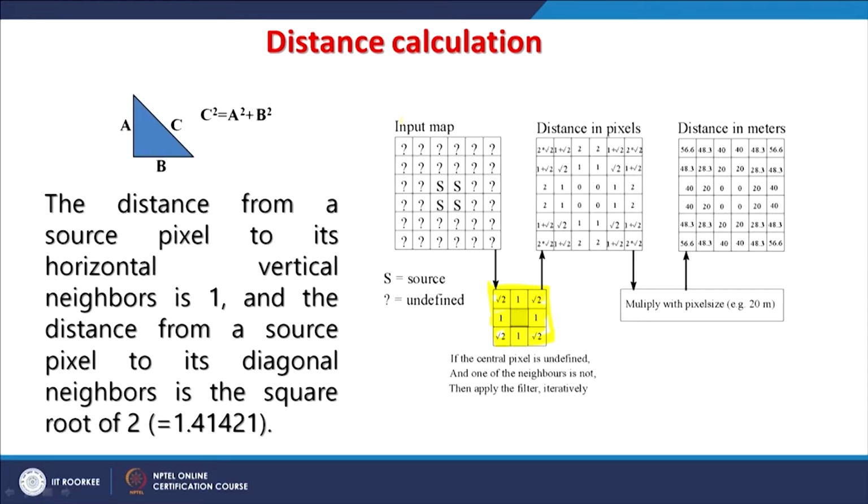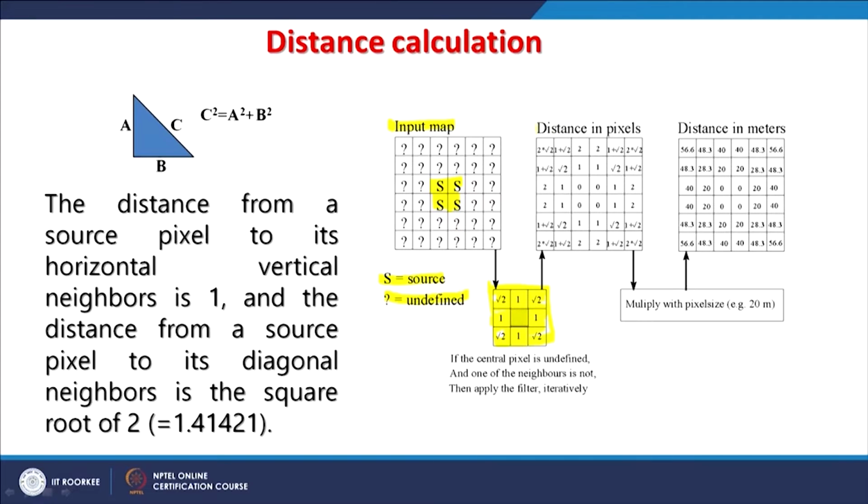Anyway, so this is our input map, and there are two categories in our input map. So you can say it's a binary one, that there is a source, and this analysis is being done for fetching water. So the source of water is located here and the rest of the areas have no water, so basically they have been given as unidentified or undefined.